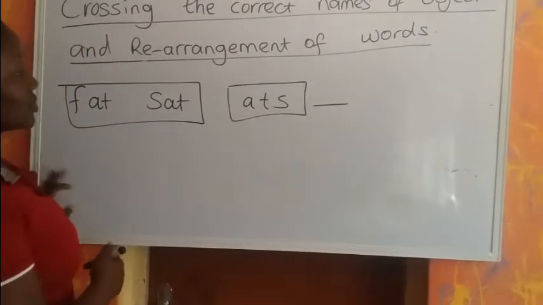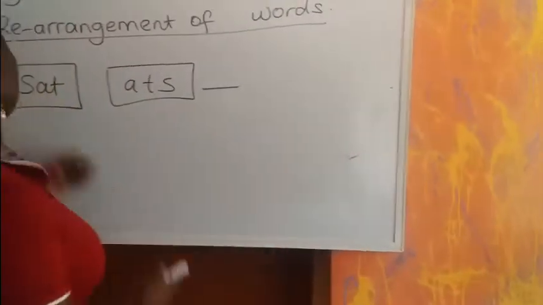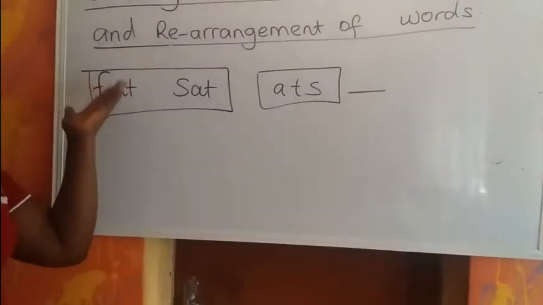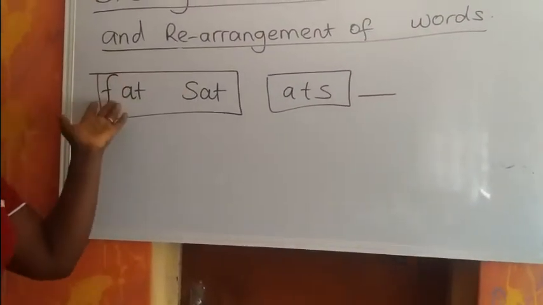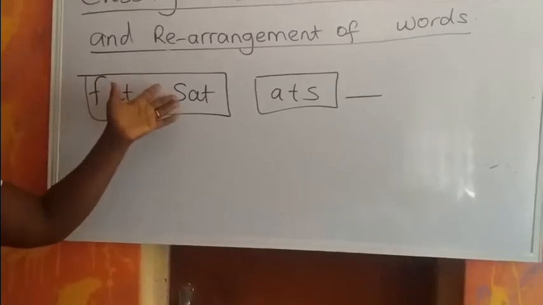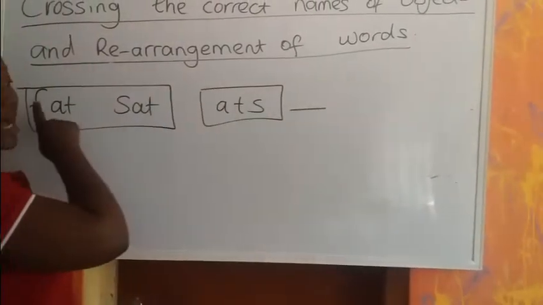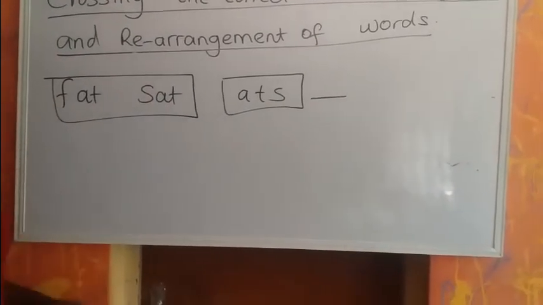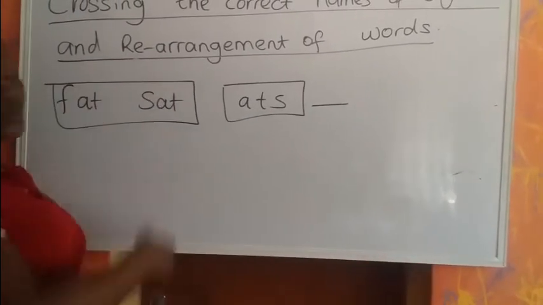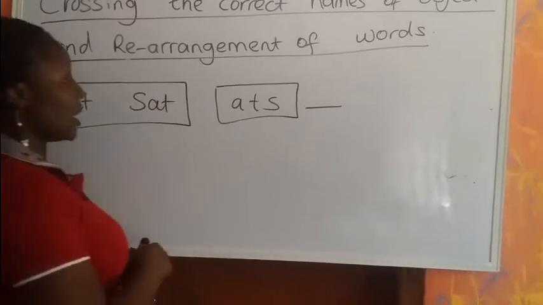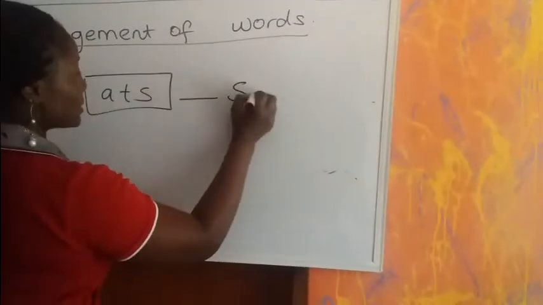So you bring them together because the only two options here are fat and sat. Fat begins with letter F, while sat begins with letter S. And here we only have S, we don't have the F, which means this is our option. This is the correct answer, which is sat.